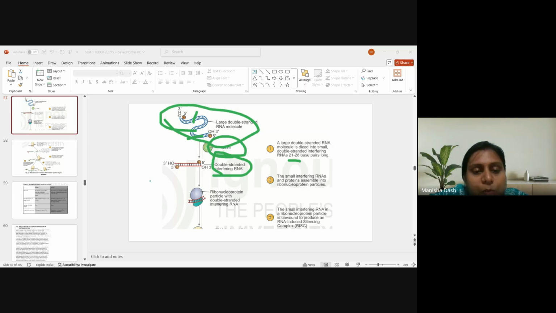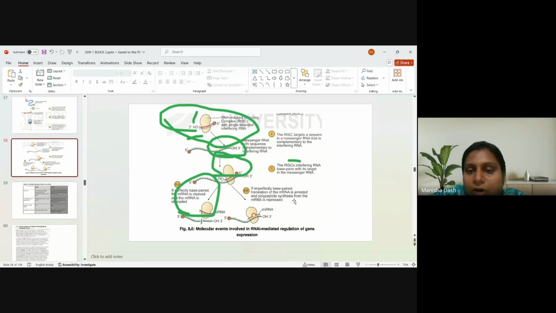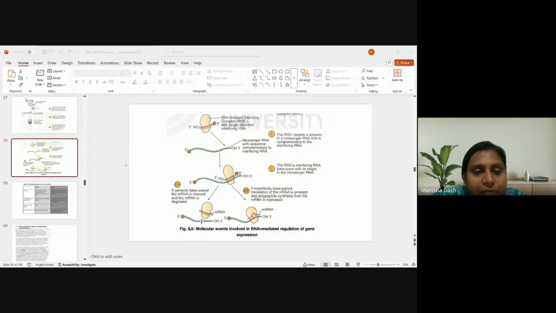Okay. So the small interfering RNAs and proteins assemble into ribonucleoprotein particles, assembling along with the ribosome. Then the small interfering RNA in the ribonucleoprotein particle is unwound to produce an RNA-induced silencing complex, called RISC. This carries the RNA to target the specific mRNA.